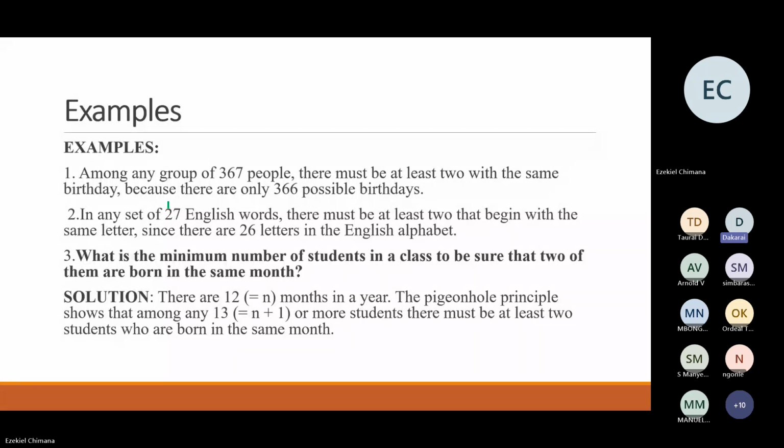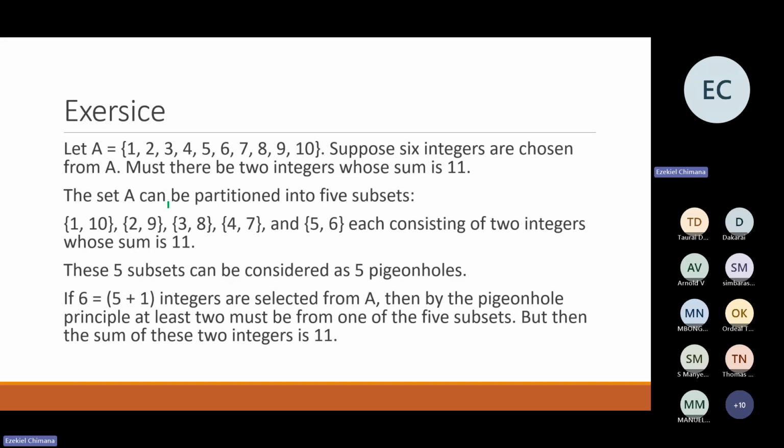Because if we have the 13th student, he or she will be born in a month between January and December, which we've already allocated to the other 12 students. So in at least 1 month we have 2 students born in that month. Exactly, that's it. Okay, thank you for the explanation.